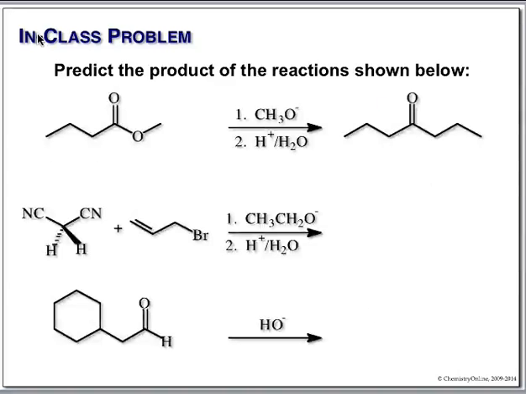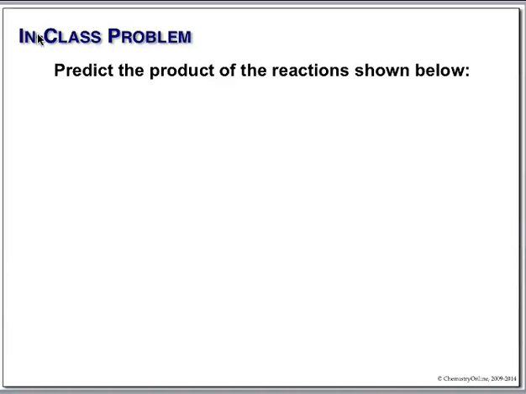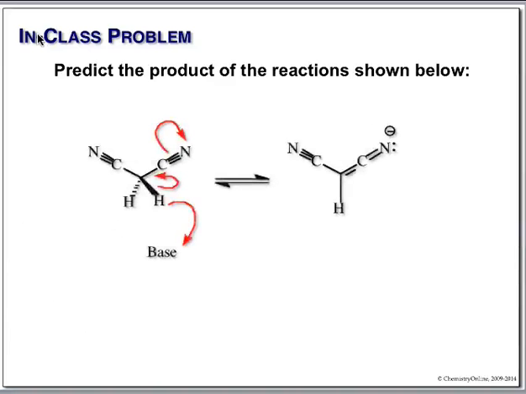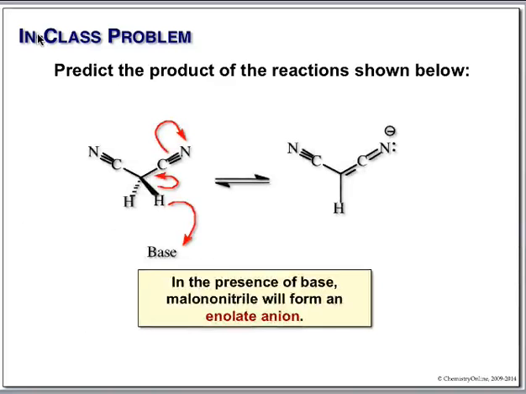Now this one has an interesting twist that goes back to chapter 20 as well. All right, not surprisingly, in the presence of base, we will form an enolate anion there, right? This is what it actually looks like. Remember, we're putting a negative charge out here, but there's negative character on the alpha carbon.